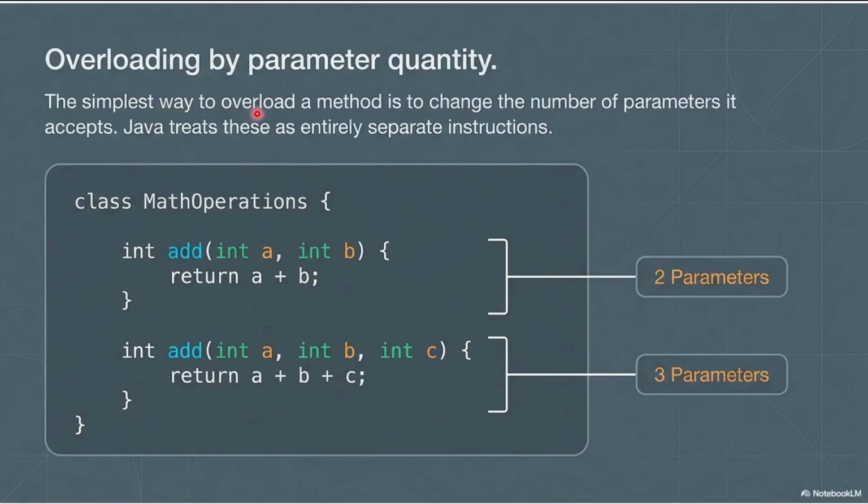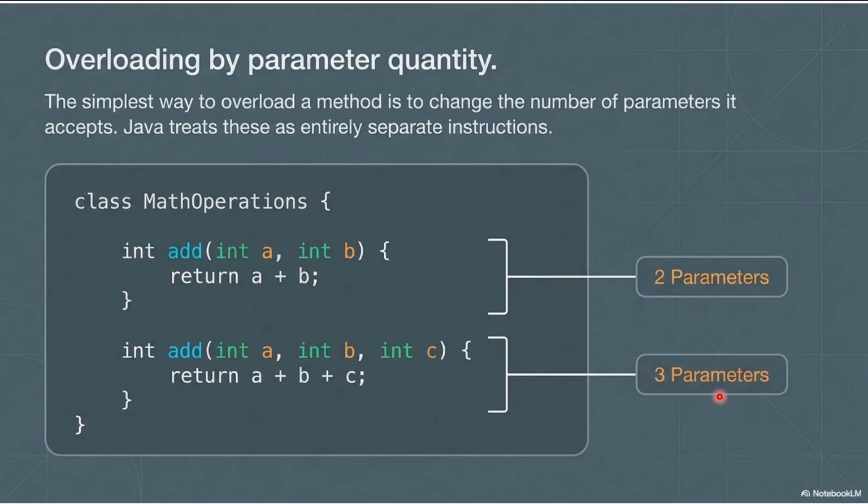Overloading by parameter quantity. The simplest way to overload a method is to change the number of parameters it accepts. Java treats these as entirely separate instructions. So have a look over here. In this particular class, we have class MathOperation. There are two methods. The names of the methods are exactly the same, but over here there are two parameters, and over here there are three parameters.